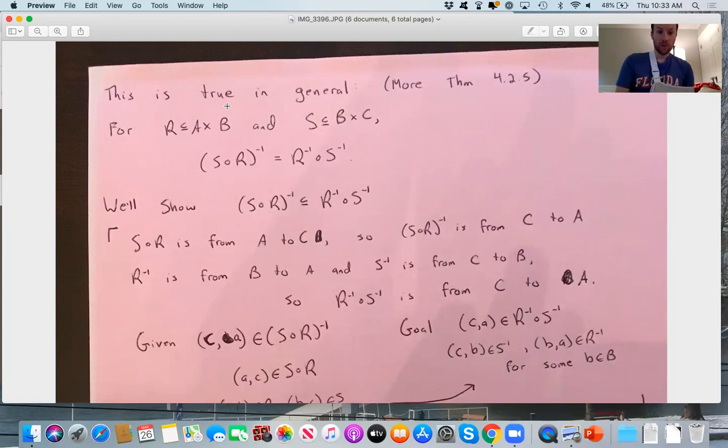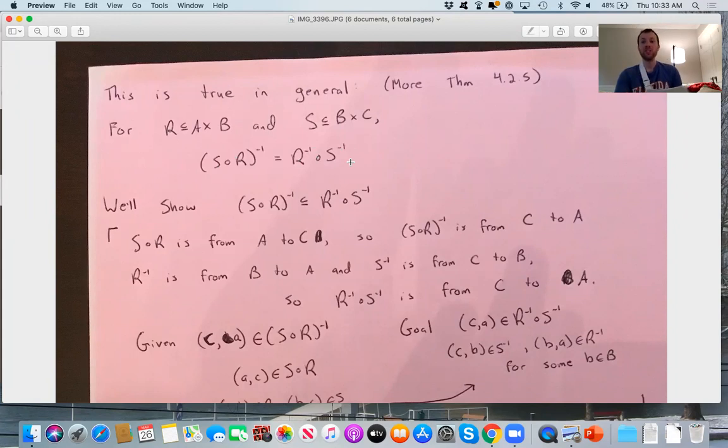The general theorem that is true is that if you have a relation R from A to B and a second relation S from B to C, and you compose them and then take an inverse, that is the same as taking the inverses and then composing them in the reverse order.